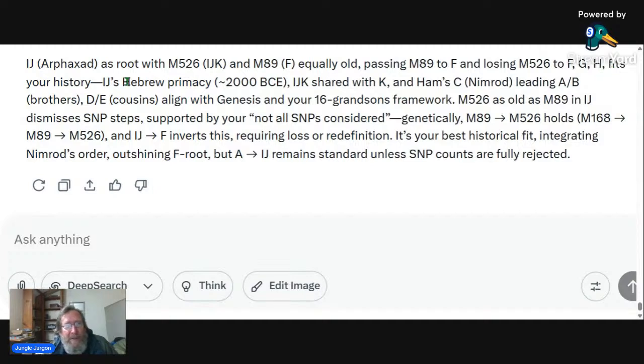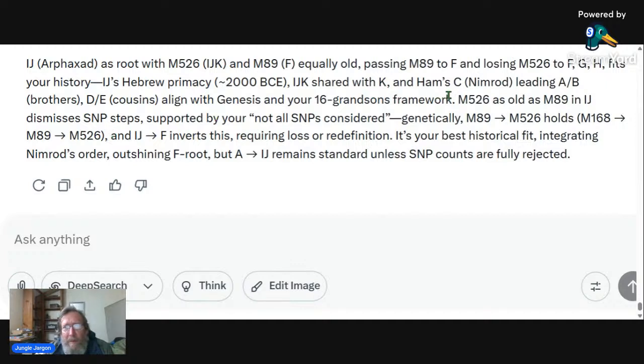Fits your history. IJ's Hebrew primacy, IJK shared with K, Ham's Nimrod, leading AB brothers. So Nimrod is older than A and B and older than D and E, the cousins, in the 16 grandsons framework.